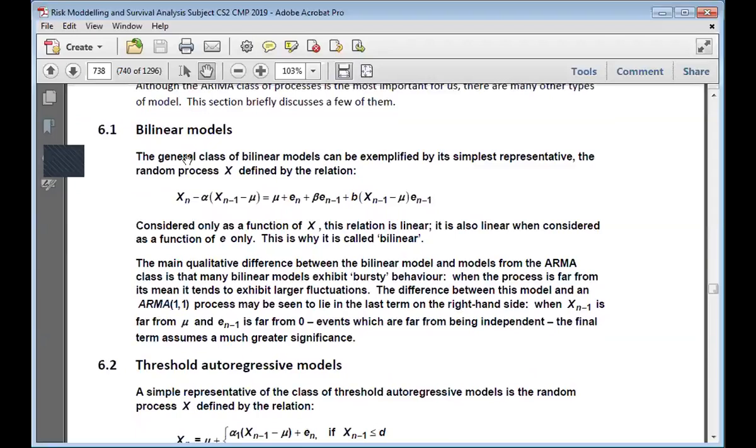And why is it known as bilinear? It clearly has to do something with 2 and something with linearity as well. This expression here is just a function of 2 variables, x and e, right? And independently, this expression is linear in both the variables.